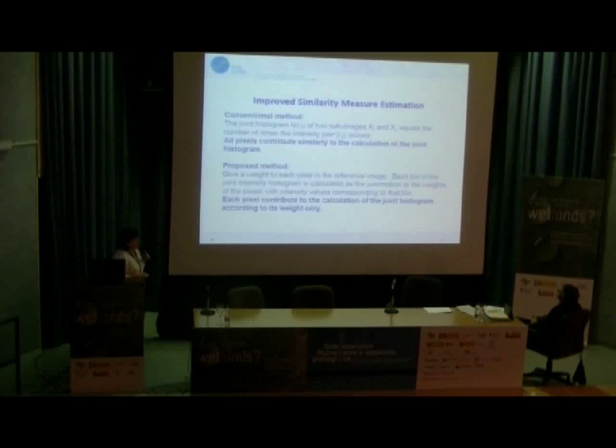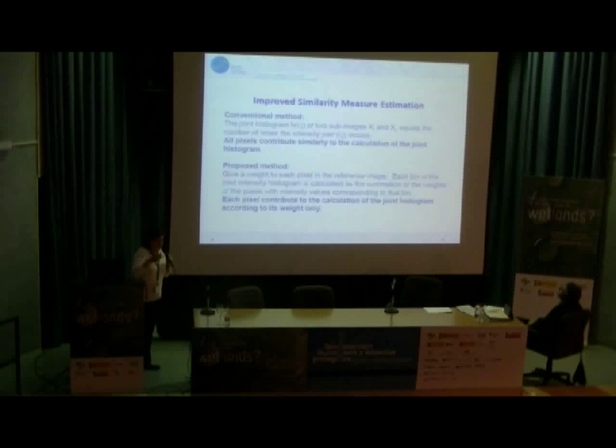Usually when we calculate the histogram or the joint histogram, at each bin or each intensity value bin, we calculate the number of pixels where this intensity pair ij occurs. However, we said that we will not calculate the histogram as the number of the intensity values, but rather by the summation of the weights we give to each pixel in the image.